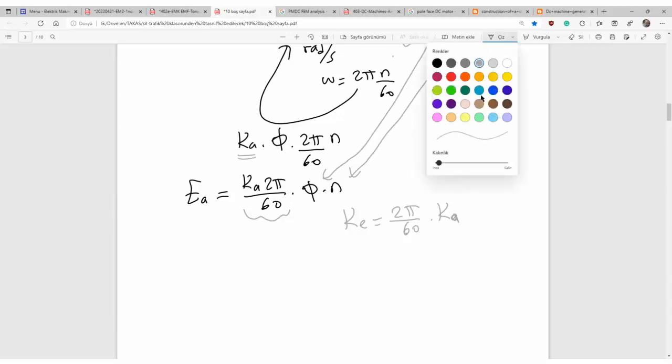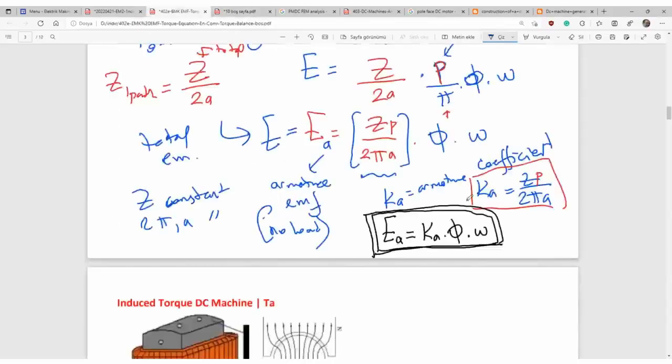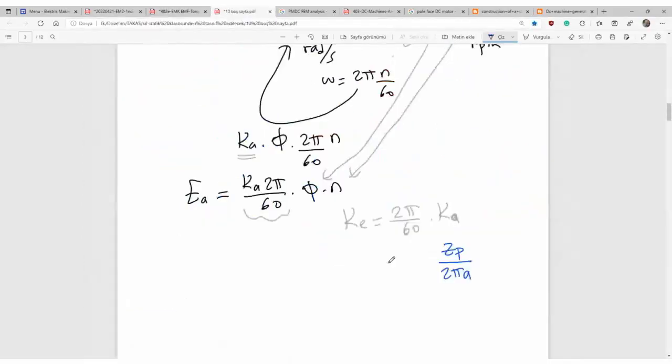And then remember Ka was Zp over 2 pi A. Let me show you again. Zp over 2 pi A. And then here are 2 pi's over 60.